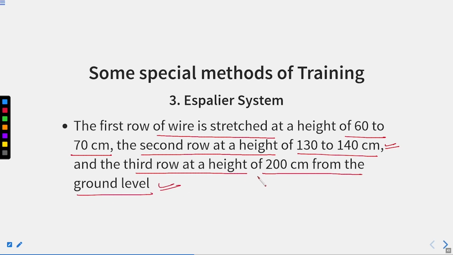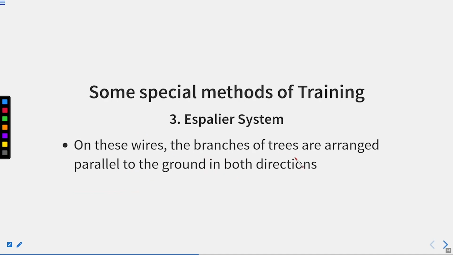So the row will be decided according to the height at which we are keeping it: first at 60 centimeters, then 130 to 140, and then at 200 centimeters.